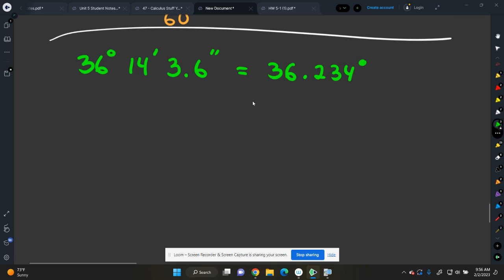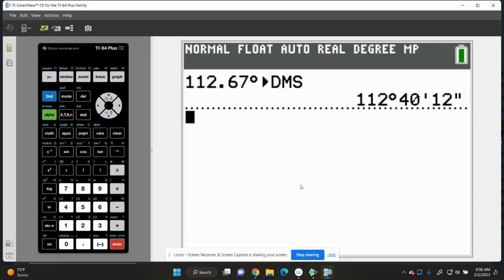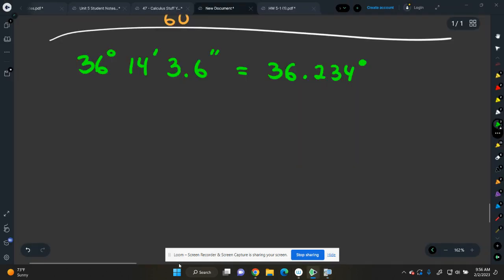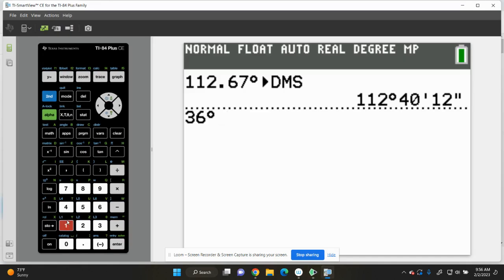Okay. Let's see, 36, 14, 3.6. So we go to our calculator. Make sure you're in degree mode. So we're going to do 36 degrees. We're going to go into angle and choose the degree mark. And then 14 minutes.